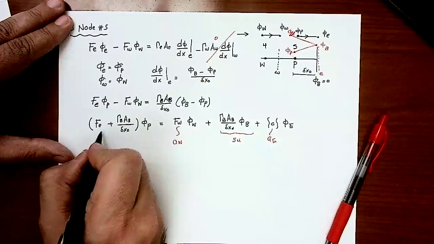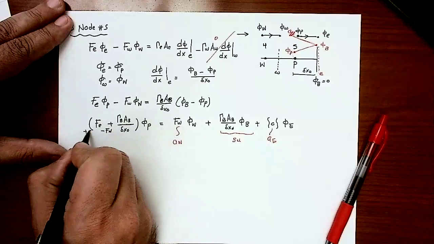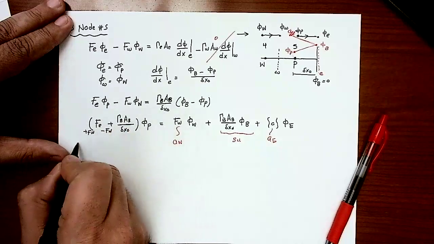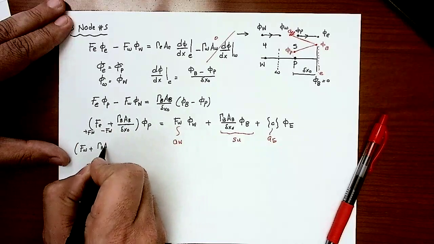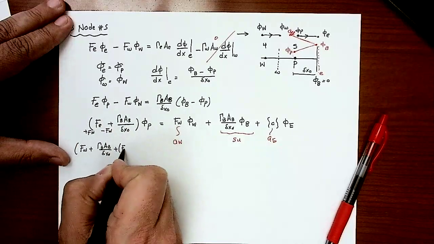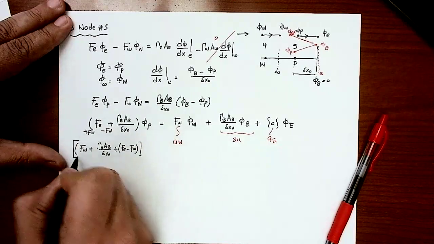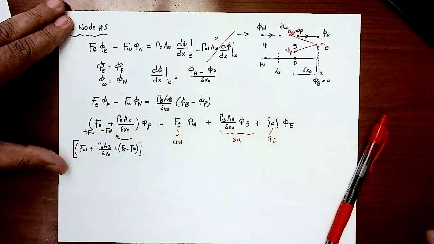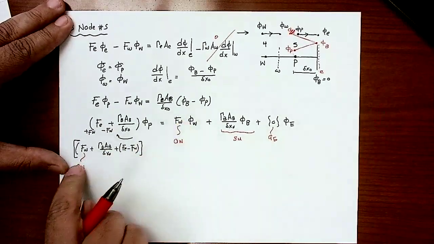So I will subtract F west, and I will add F west. So this term here will be F west plus kappa B AB divided by delta x node plus F east minus F west. That's going to be this term here. So this is A West, like this.